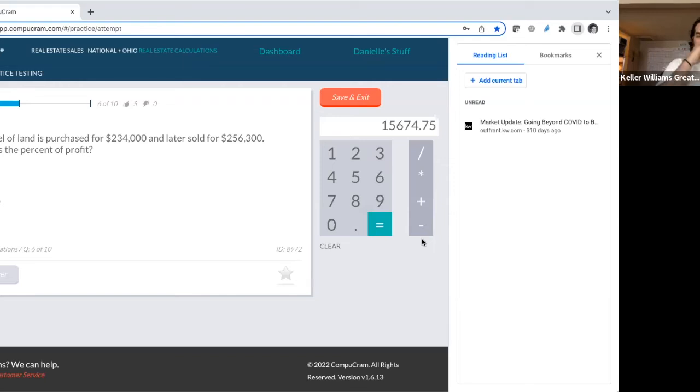What is the percentage of profit for this transaction? If you don't know how to do this one, put a question mark in the chat box.